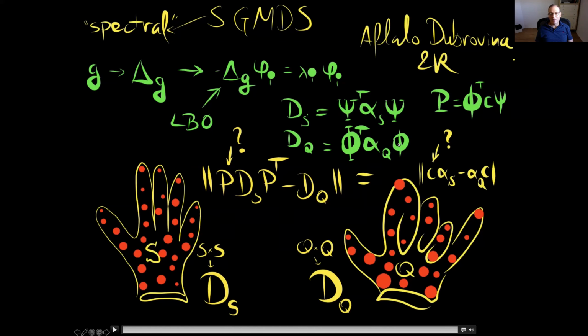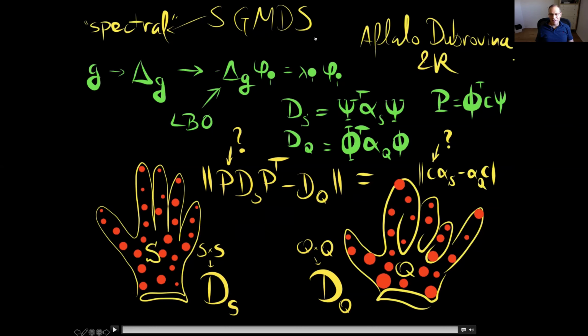Okay, and the question now is what happens about the permutation. In fact, the permutation can also be written in the same manner. So if I have everything written in the Fourier domain, then I can write the problem equivalently in the Fourier domain and try to solve it in a more efficient way. And this is how the spectral generalized multidimensional scaling method was working.